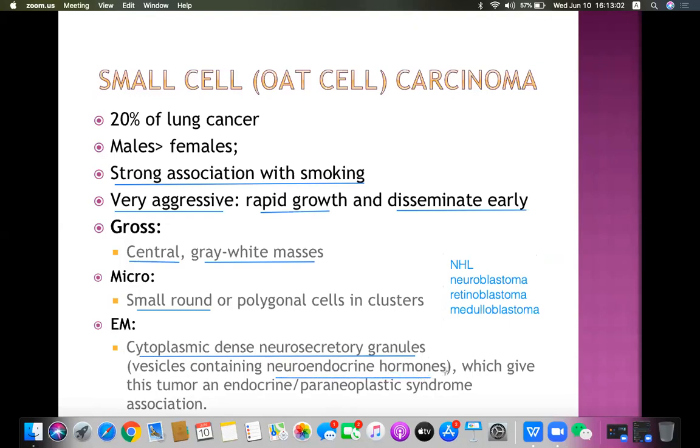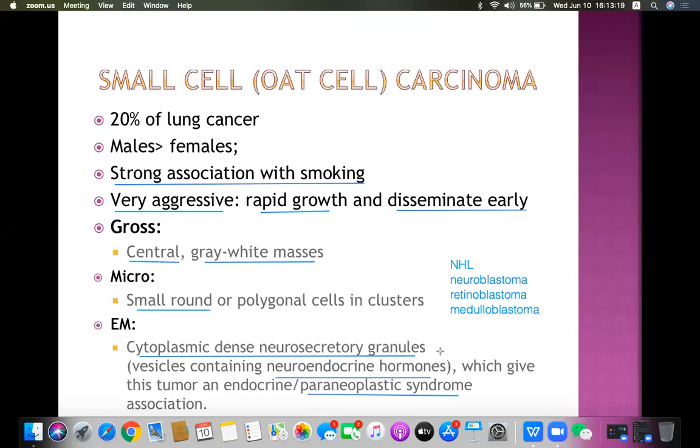Because of this neuroendocrine hormone secretion, there are lots of paraneoplastic syndromes in this malignancy. For example, they may secrete ACTH, they may secrete ADH.